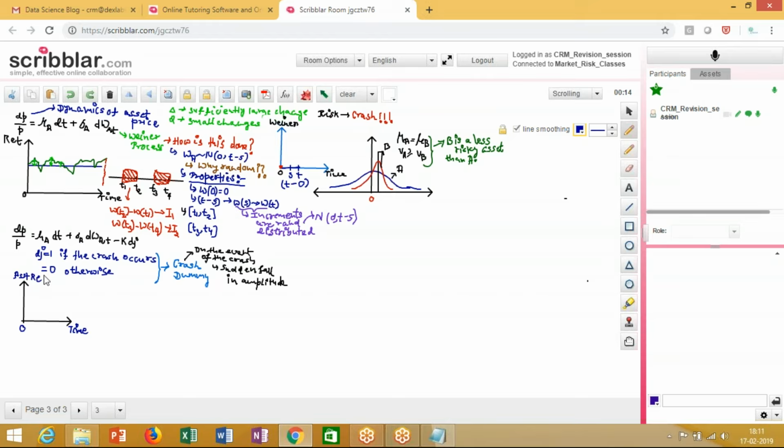So how does the trajectory look before the crash actually occurs?